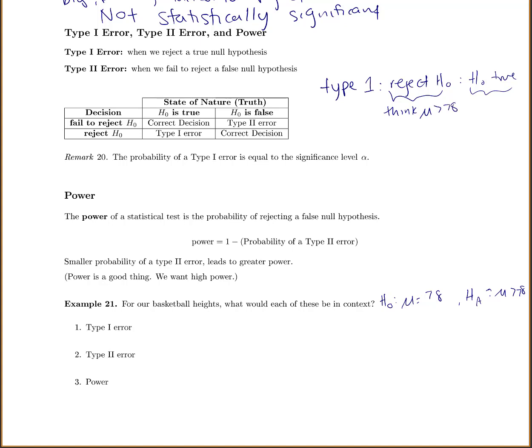But the null was really true, so really, mu equals 78. So let's write that down in words. A type 1 error is we decide that the population mean is greater than 78, but really it is 78.